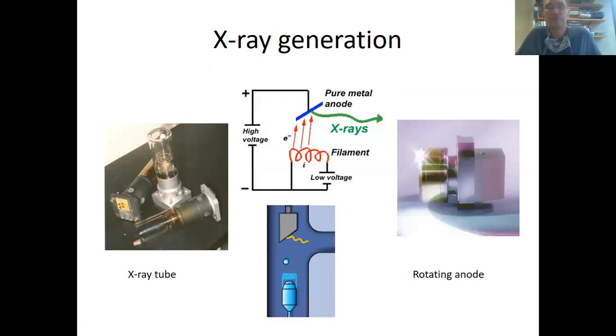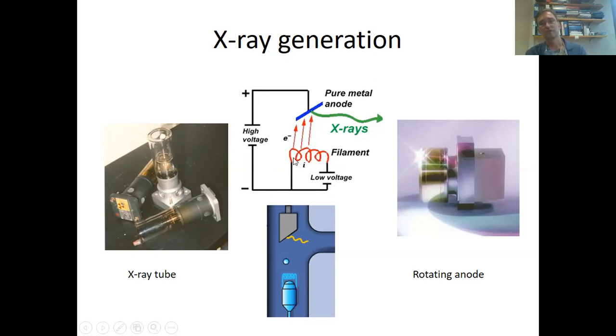So how does an X-ray generator work? Well, it's generated in a so-called X-ray tube, which contains what is called a rotating anode. So you see here the electrical circuits that are present within an X-ray tube. You have two electrical circuits, one high voltage circuit and a low voltage circuit.